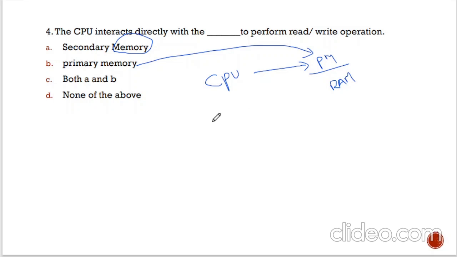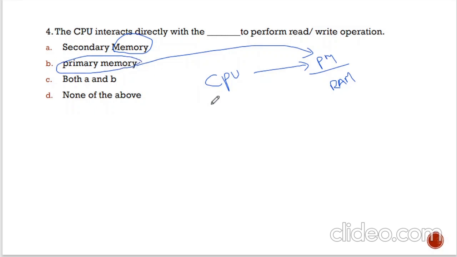All data will be stored in secondary memory permanently, so it is a permanent storage device. But primary memory stores the data temporarily.